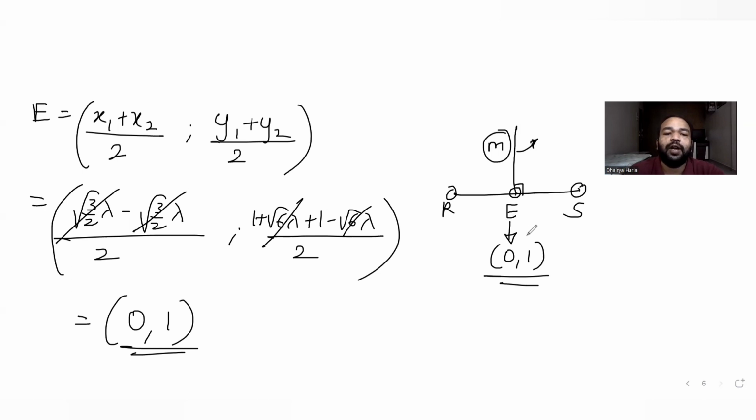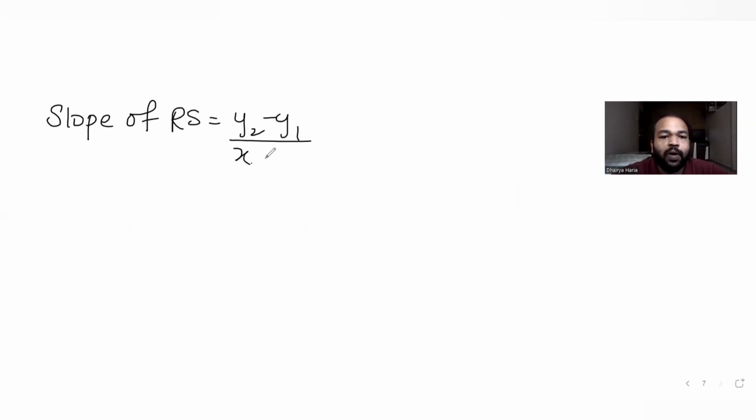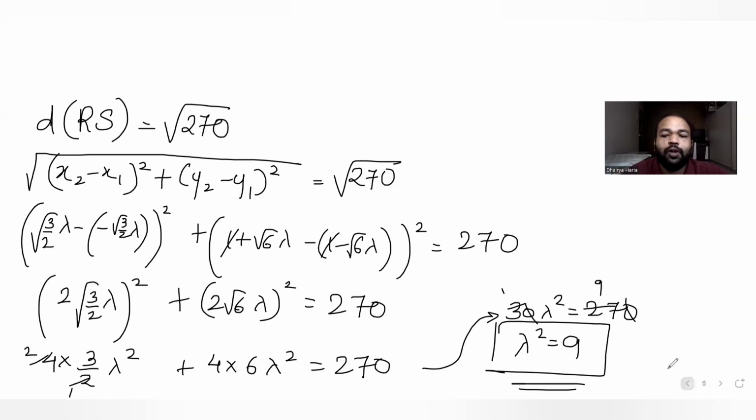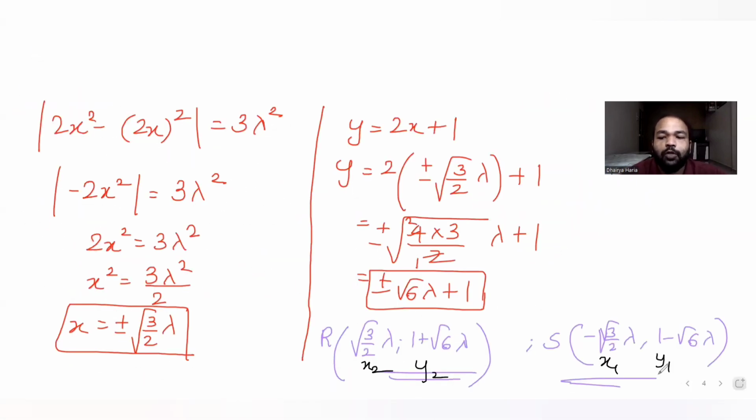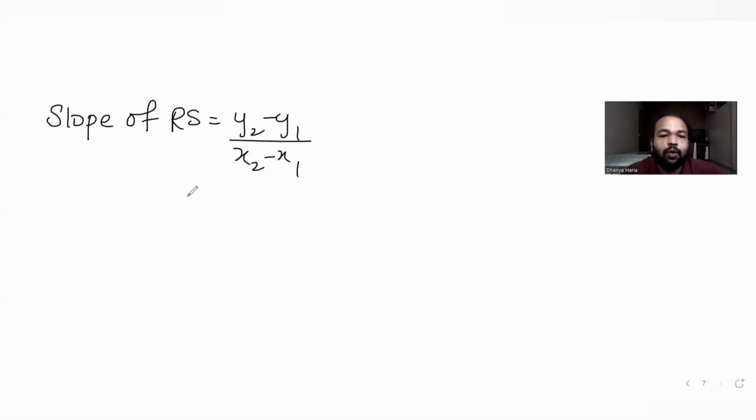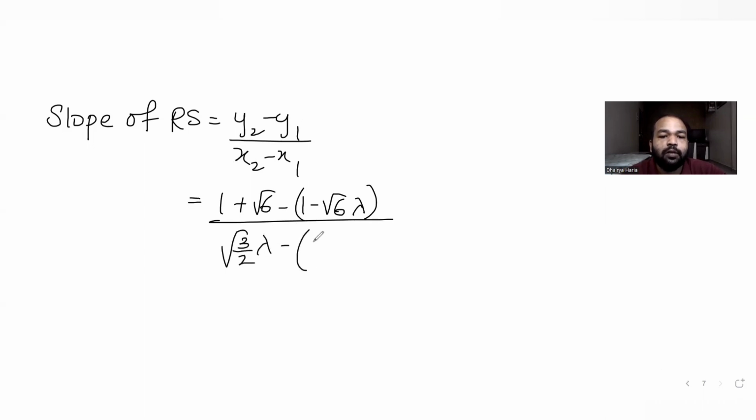Now if I want to find the slope of RS, that is equal to y2 minus y1 upon x2 minus x1. So it is 1 plus root 6 lambda minus 1 minus root 6 lambda upon x2 minus x1, which is root 3 by 2 lambda minus negative root 3 by 2 lambda.